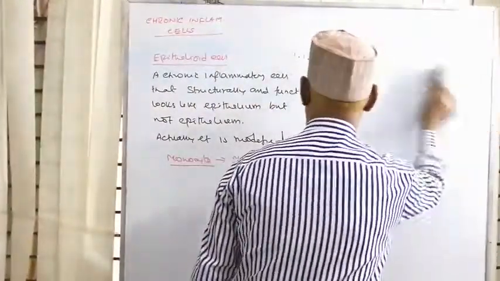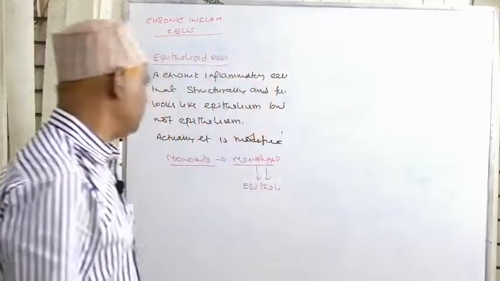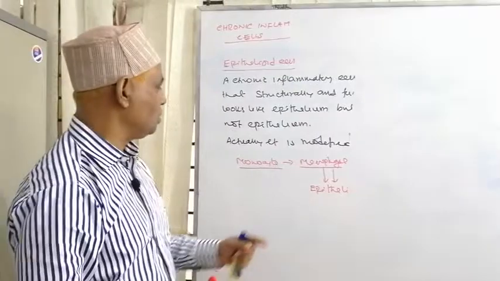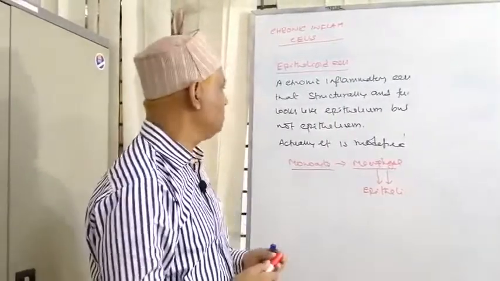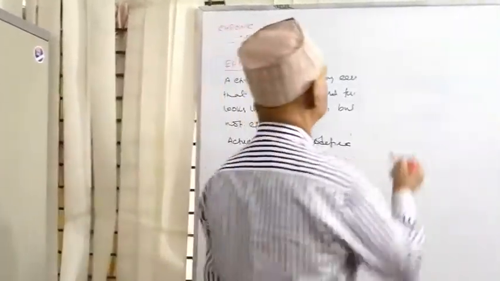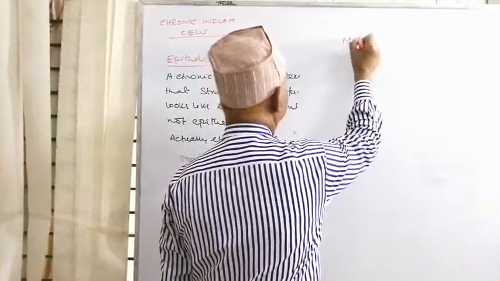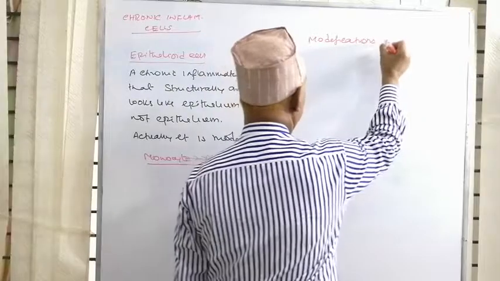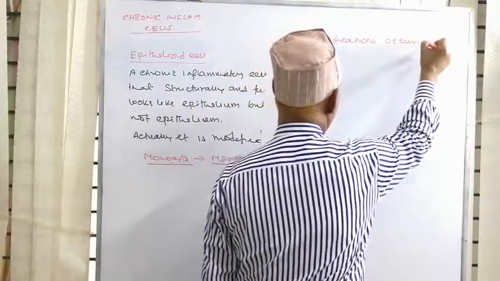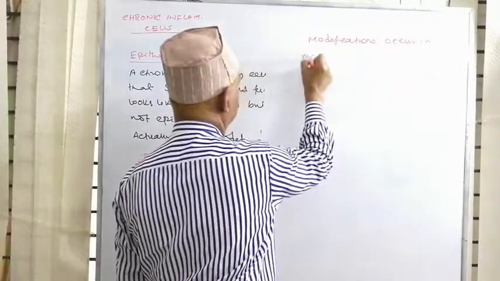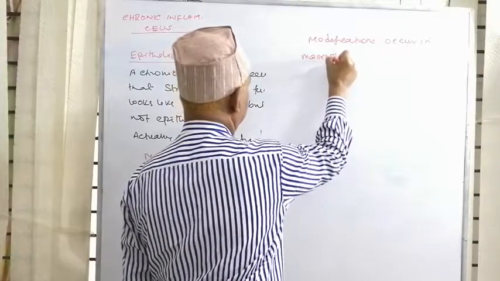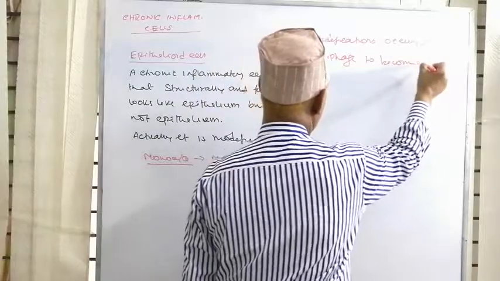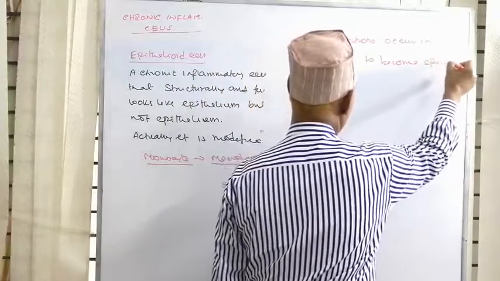Now come to what modifications occur in macrophage to become epithelioid cell. What modifications occur within the macrophage to become epithelioid cell?